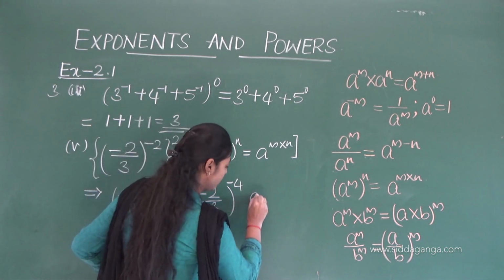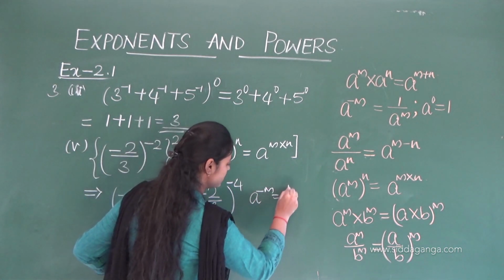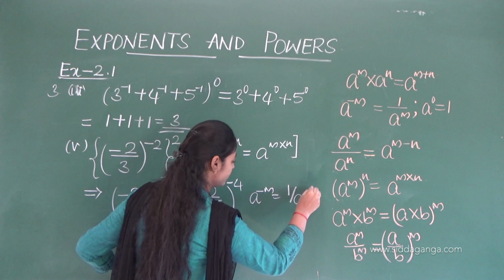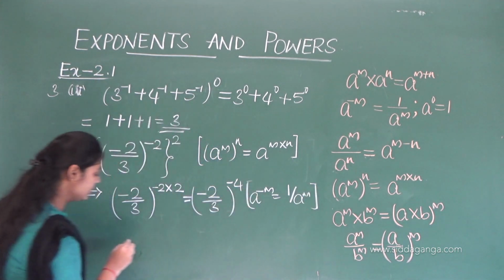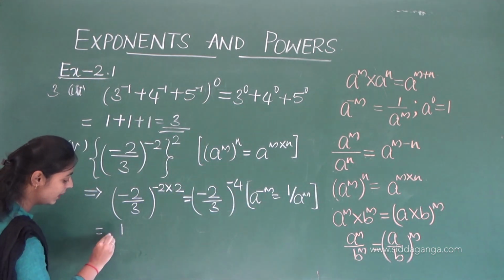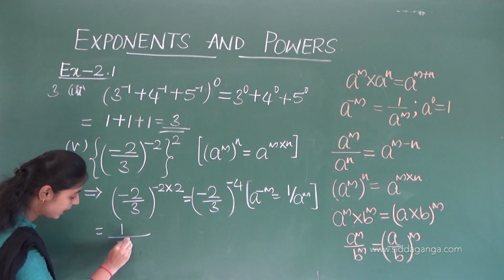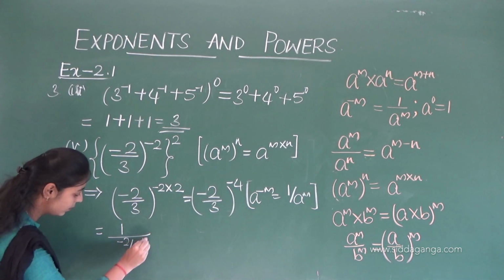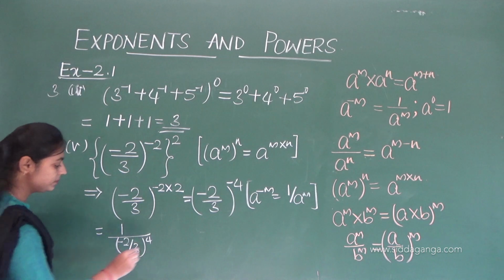So a to the power of minus m is equal to 1 divided by a to the power of m. So, the negative exponent, that is equal to 1 divided by (-2 divided by 3) whole to the power of 4.